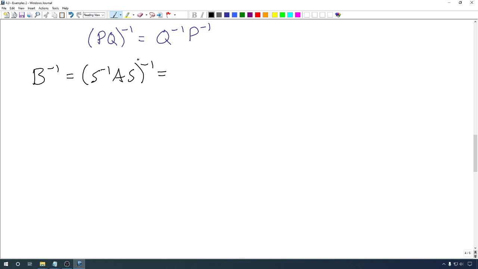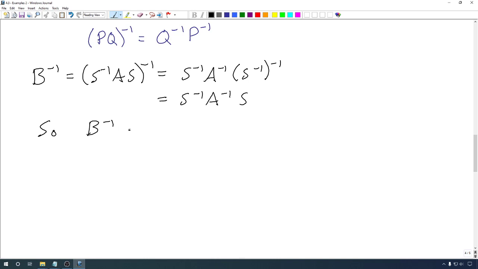Once we have this formula for the inverse of a product, we can go ahead and apply it here. We have S inverse, we have A inverse, and then we have S inverse inverse. Of course, S inverse inverse is just S. Well, we don't really have to do anything more there. We automatically have it in the right form.